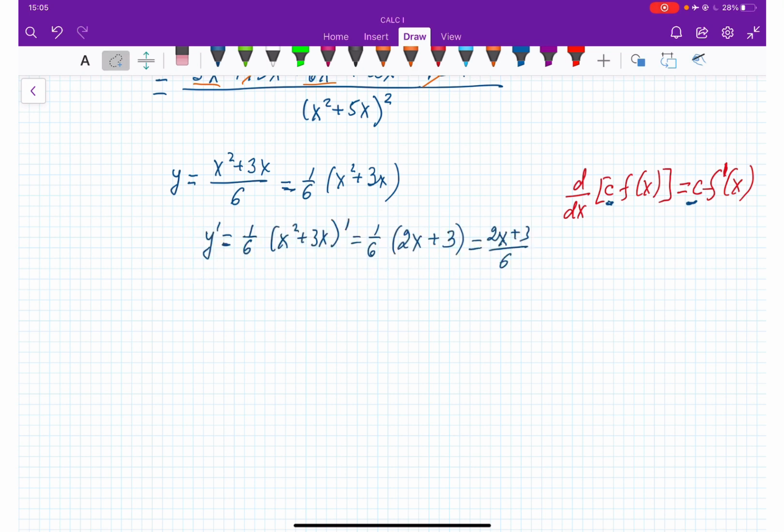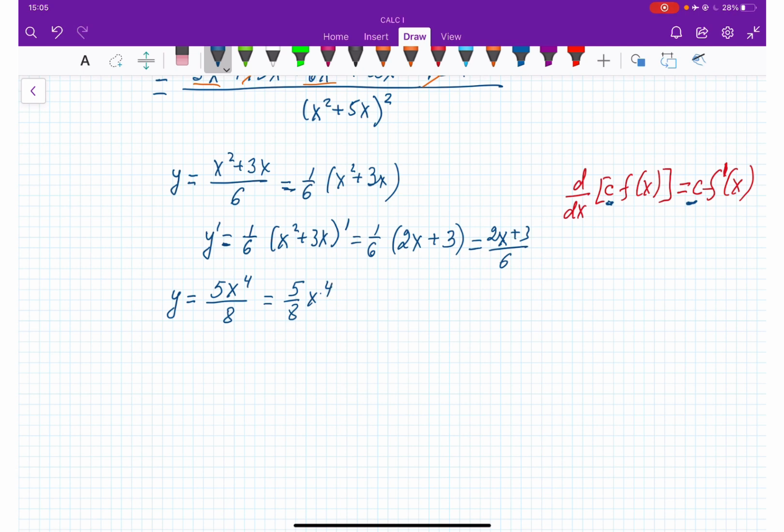Okay, next one. Y is equal to 5x to the 4 over 8. Okay, again, I'm taking out 5 over 8 and taking x to the 4.